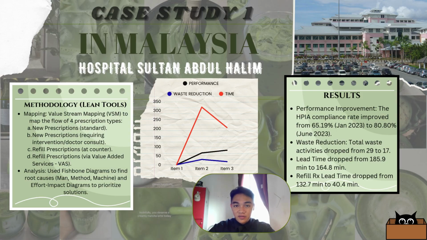The result is quite shocking: performance improved from 65% to 80%. The waste reduction is from 29 to 17, and the total time taken also had good results, from 302 minutes to 220 minutes.